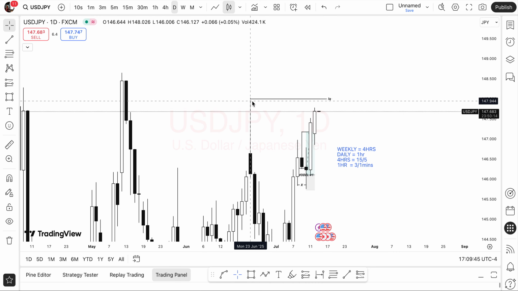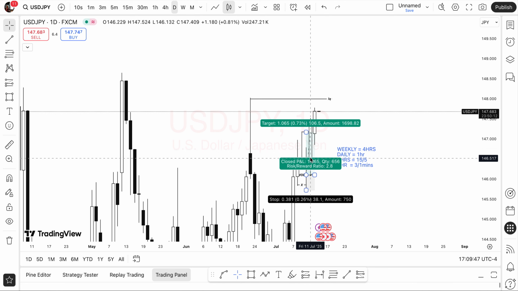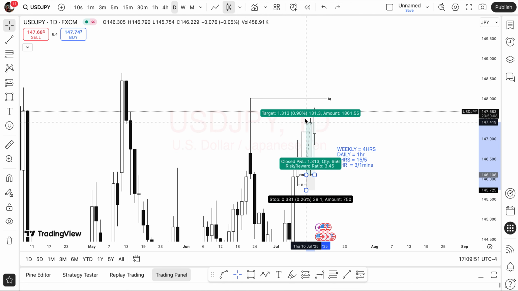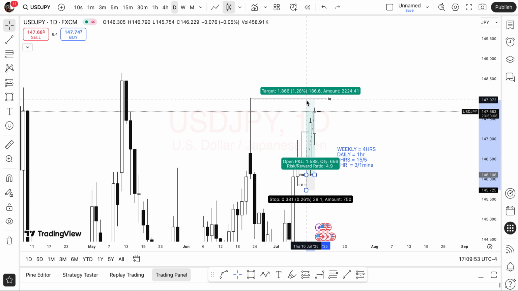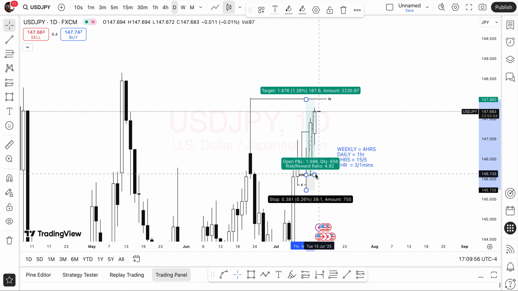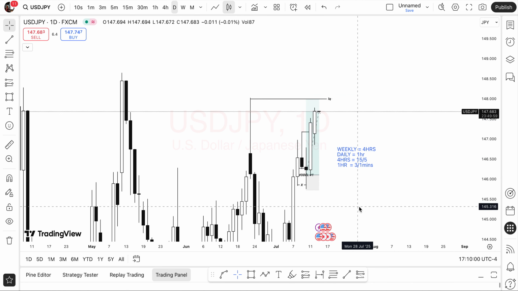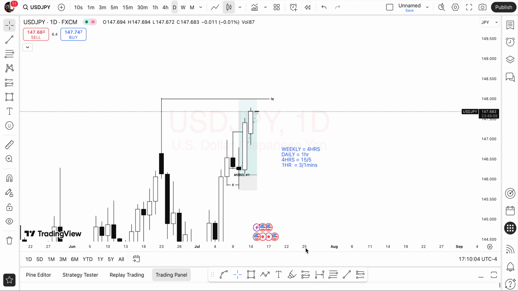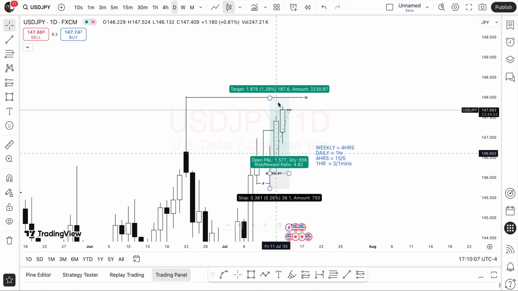These are initial targets. Liquidity here is what we are targeting. So you can extend your take profit level to this high here. This is giving us minus to 4.9, that's approximately minus to 5 RR.